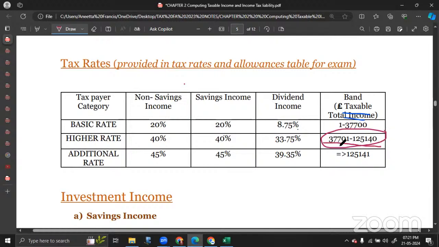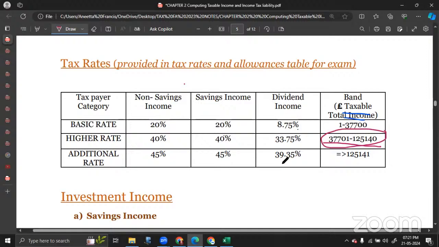And any taxable income above that, they are an additional rate taxpayer, where your non-savings income will be taxed at 45%, savings at 45%, dividend at 39.35%. Keep in mind, we have a proportional taxation system, which means always the first 37,700 will be taxed at basic rate.